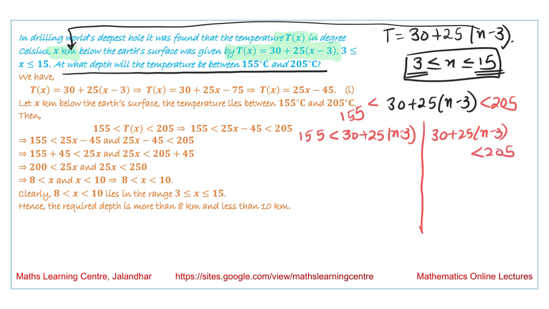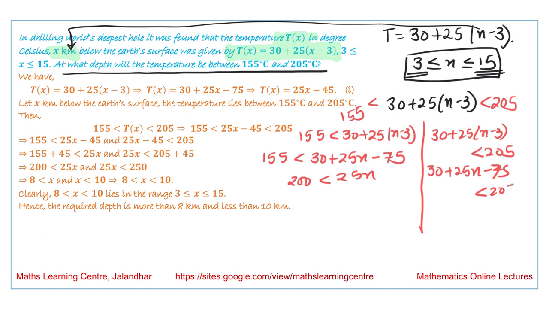On solving the first one, we get 155 is less than 30 plus 25x minus 75. So this gives us that 200 is less than 25x, and the other can be written as 30 plus 25x minus 75 is less than 205. So this gives us 25x is less than 250.